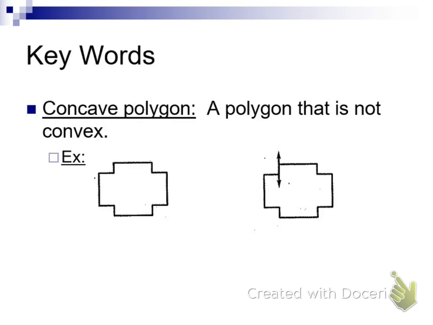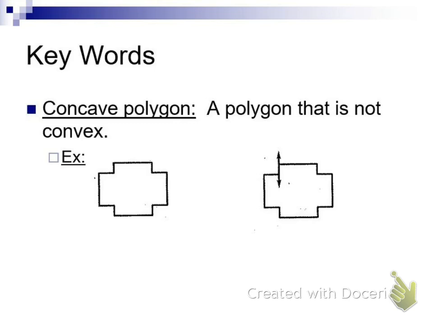We think of these as having caves, meaning it goes in on itself. See out in these corners? It caves in on itself. Or if we extend that line, they just did one of them, but you could extend several of these sides to cave in or go into the middle of the polygon.